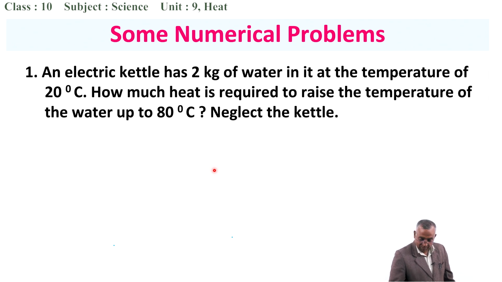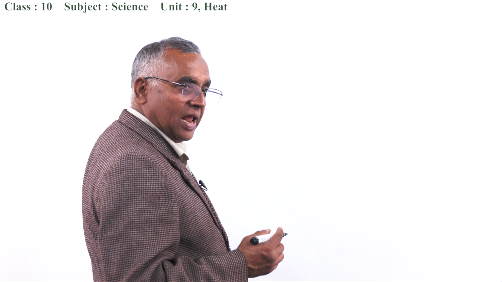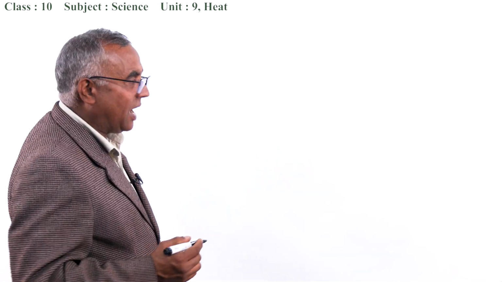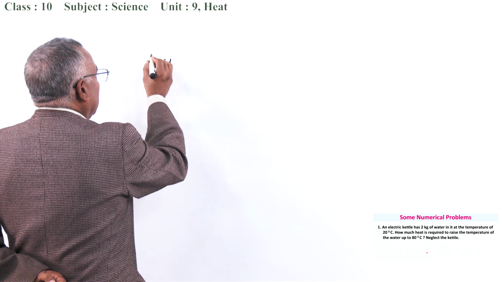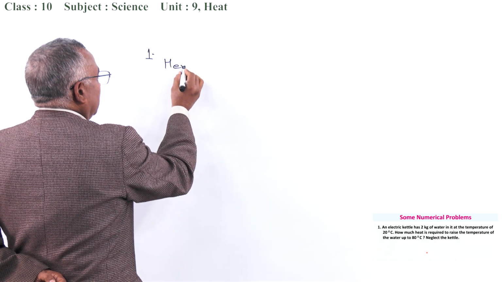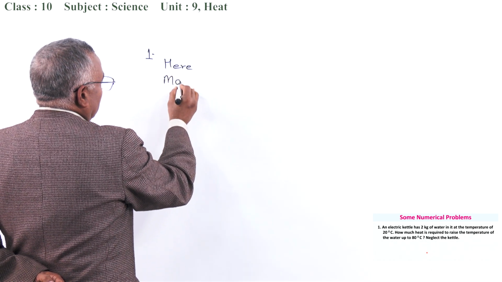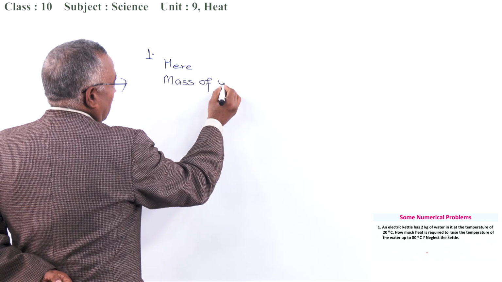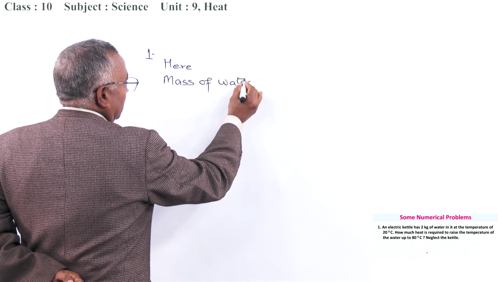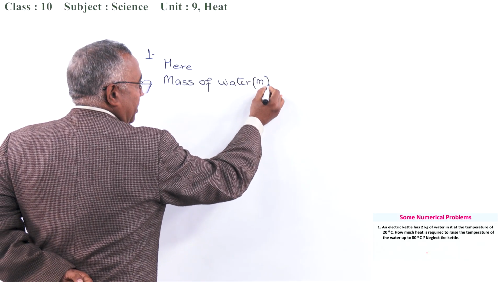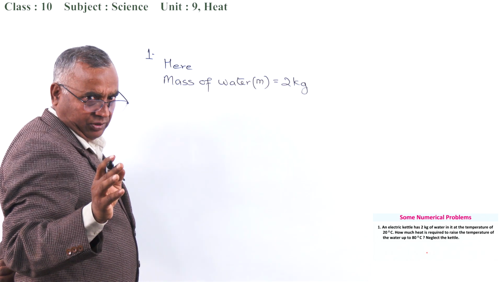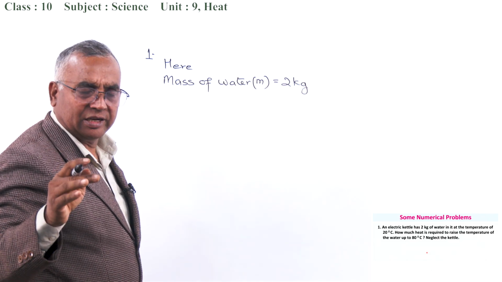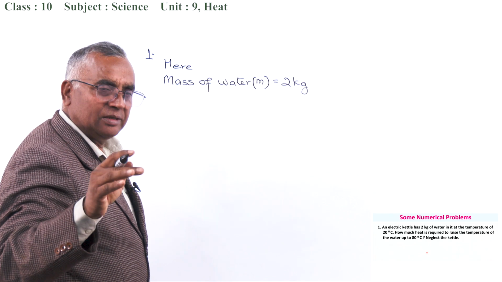A numerical problem is given here: an electric kettle has 2 kg of water in it. So in question number 1, the mass of water, that is m, is given as 2 kg. We are neglecting the mass of the kettle because in the question it is also given to neglect the kettle, not only mass but temperature also.